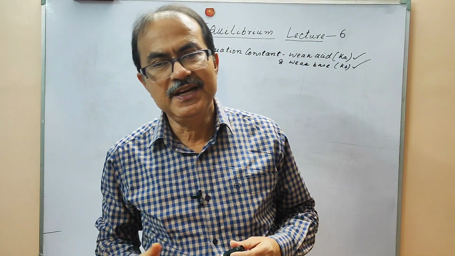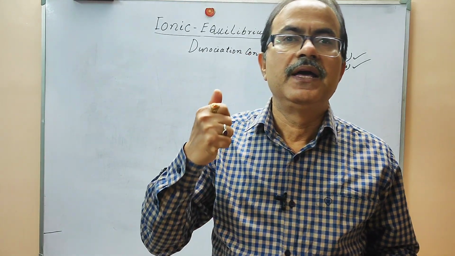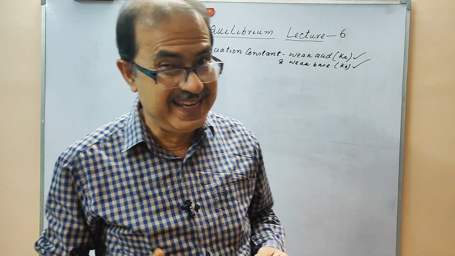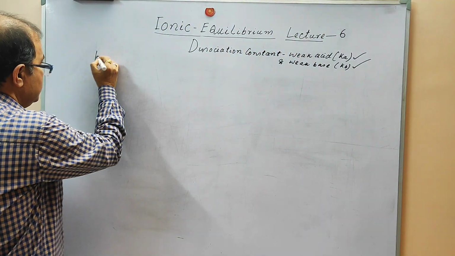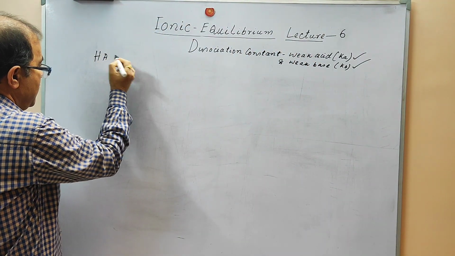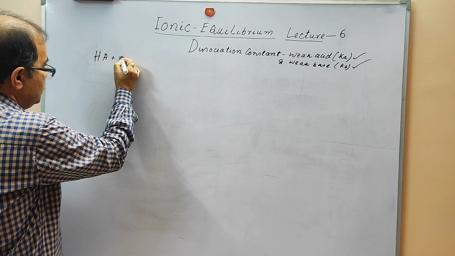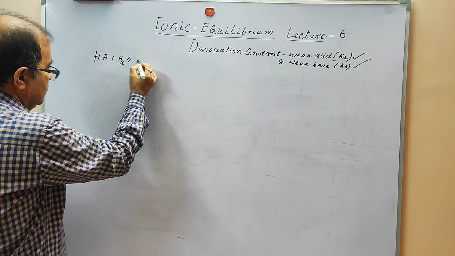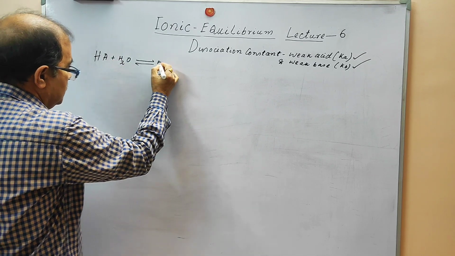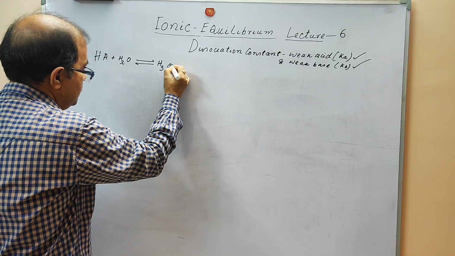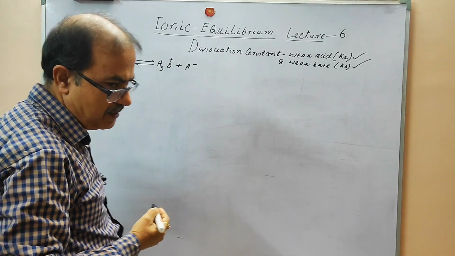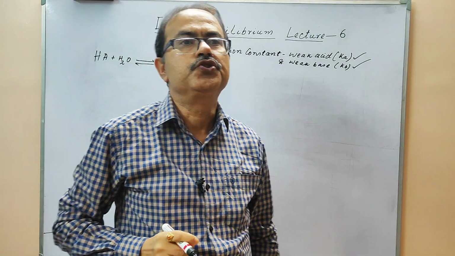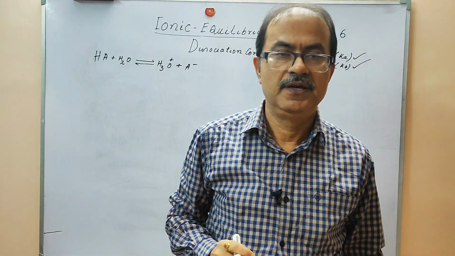So let us take an instance of a weak acid HA. We are taking the weak acid HA, and its dissociation equation will be like this. As it is a weak acid, you can easily understand that it will not be dissociated totally.